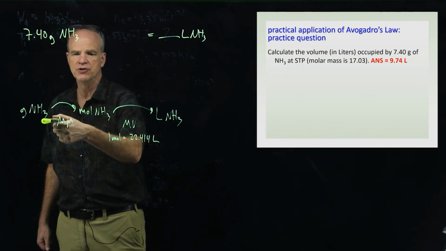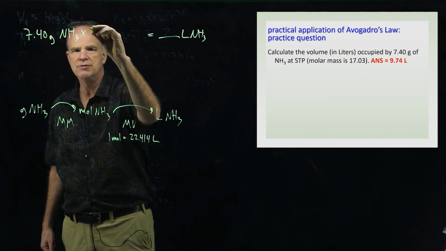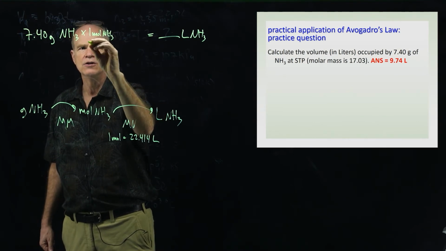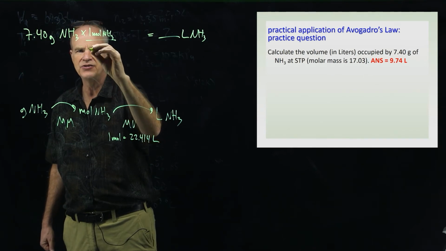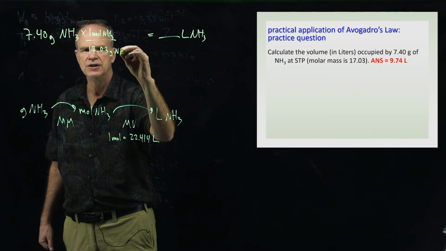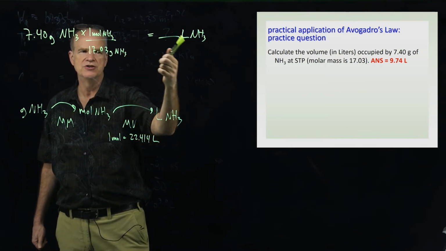First, let's convert grams to moles. The molar mass is given to us, so it's times 1 mole of ammonia over, and it looks like the molar mass is going to be 17.03 grams of ammonia. The next step is to convert moles of ammonia to liters of ammonia.